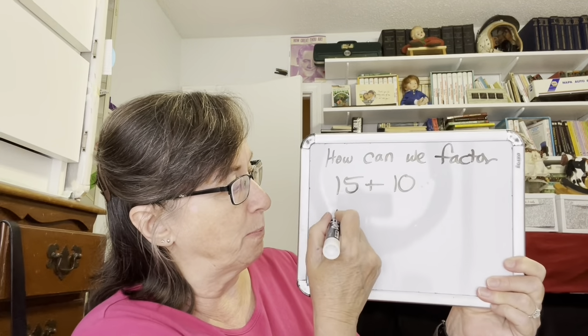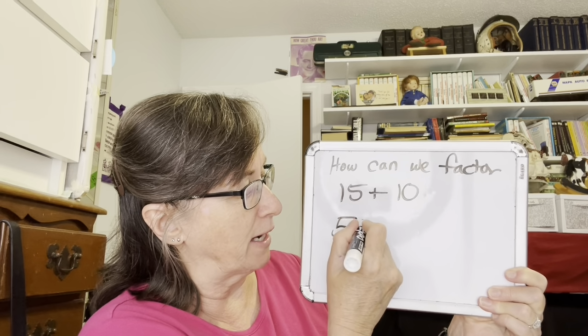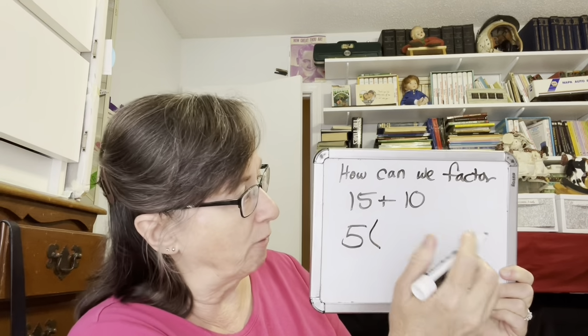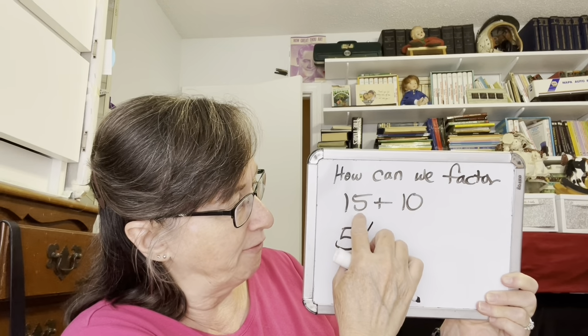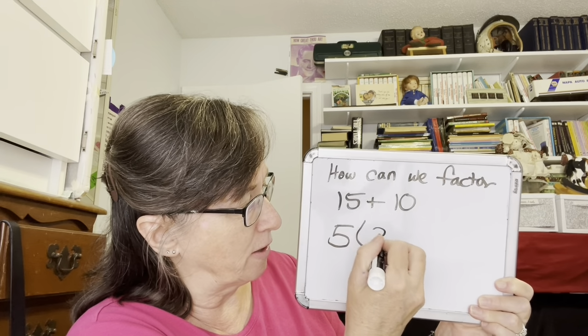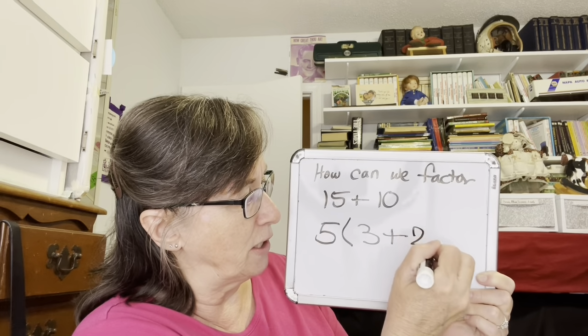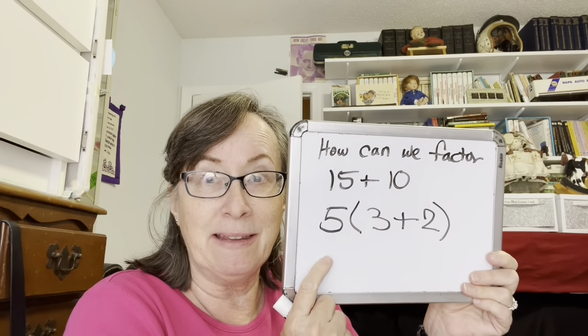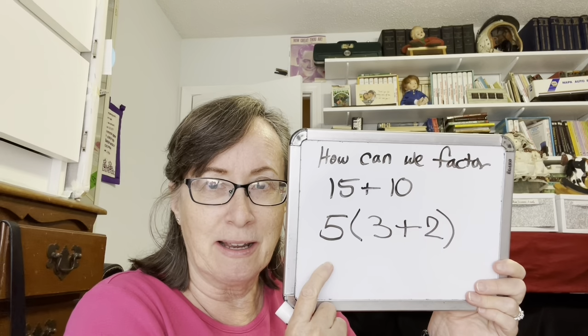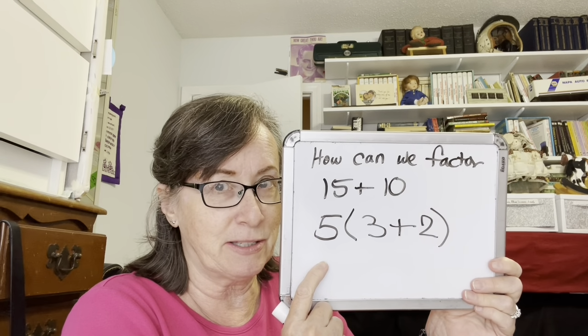So I'm going to pull a 5 out to the front. And then I'm going to think, well, I've got 15 divided by 5 is 3, and 10 divided by 5 is 2. This would be the factored expression, 5 times 3 plus 2.